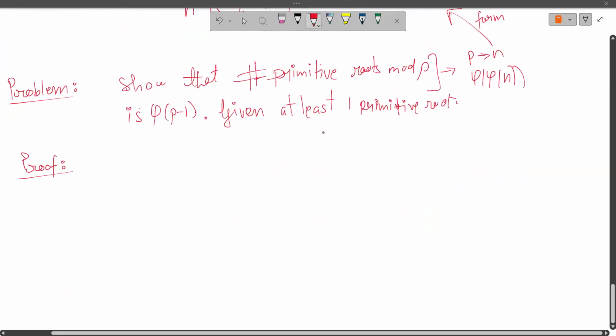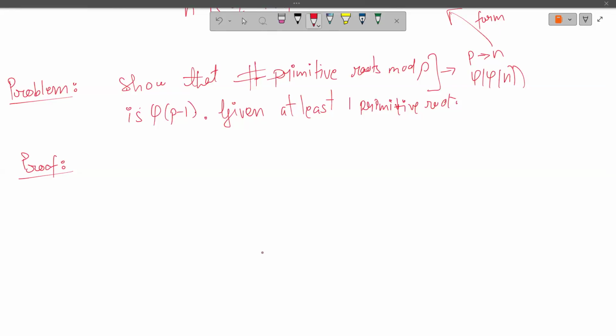Do we form some sort of cycle between all the coprime numbers modulo p? So we know that a primitive root must be coprime to P, right?